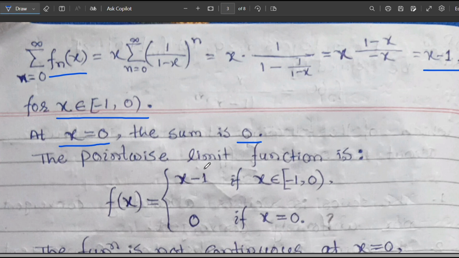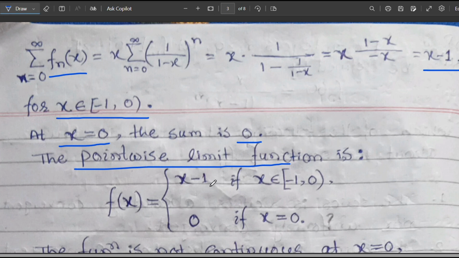The pointwise limit function: when x is 0, f(x) will be 0. As n tends to infinity, the limit of f_n(x) is the same as this, and it will become 0 if x is 0.